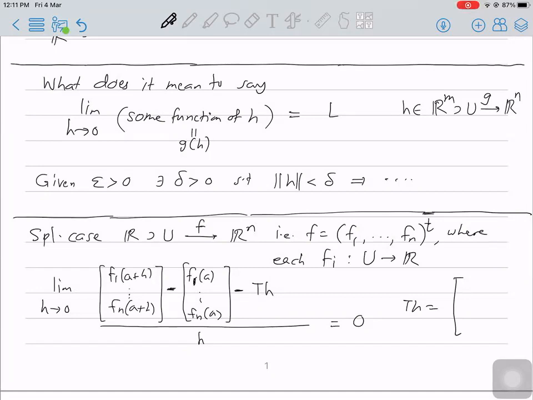This will work precisely in what case? Remember, T of h is a column vector, so there are going to be n slots written over there. What has to be written in the top slot for this limit to be 0?